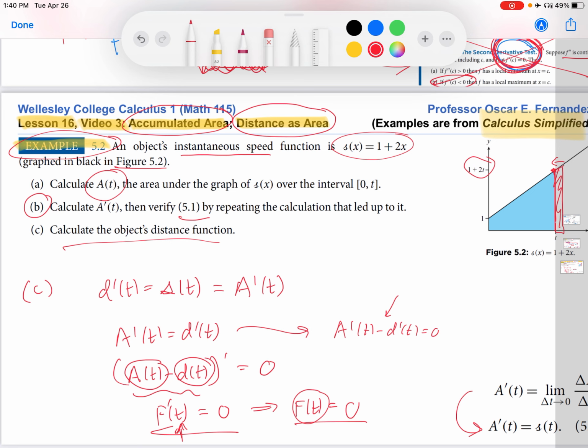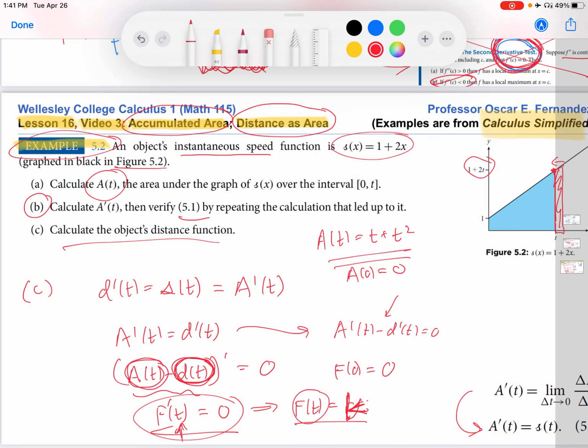And we know that at t equals 0, if you haven't moved, then you haven't covered any distance. So d of 0 is 0. Also, if t is 0, remember our formula for a of t, t plus t squared, so a of 0 is also 0. So we know that this function F of t has to be constant. Its derivative is 0. And we also know that at t equals 0, the value of the function is 0. So that tells us that the constant must be 0.